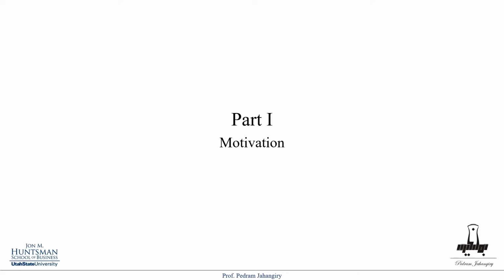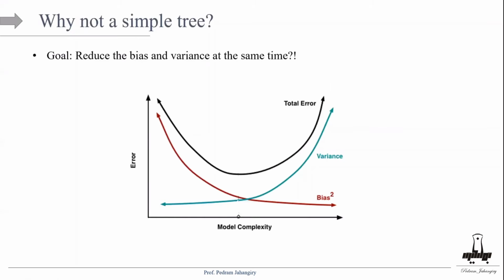So part 1, motivation. Let's see why we should go beyond a single tree. Remember, the goal is to reduce the bias and variance at the same time, right? And the idea is, can we push the total error down even further? From our last class, we talked about decision trees.